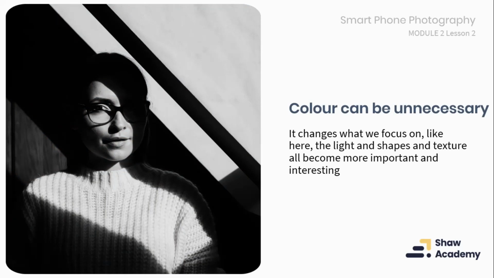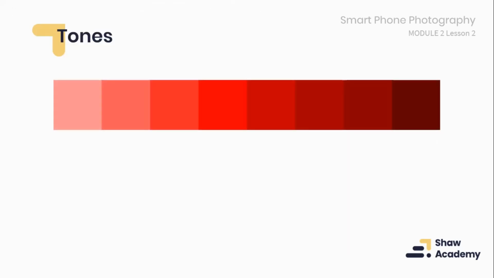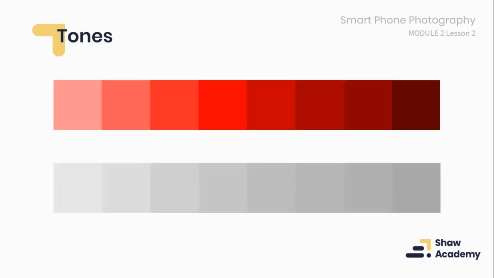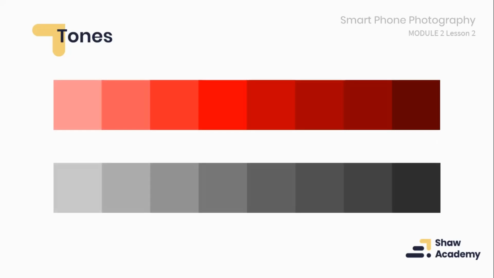We've got a bit of texture in the jumper that the girl is wearing. So the photograph becomes different. It becomes stronger, in my opinion at least, when this shot is in black and white, and just becomes much more visually interesting.